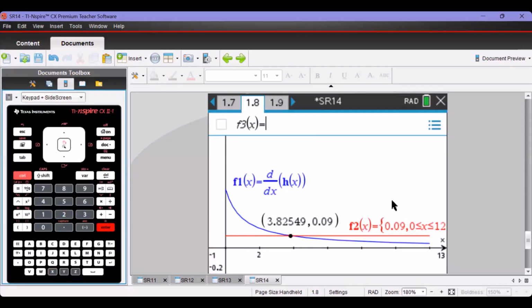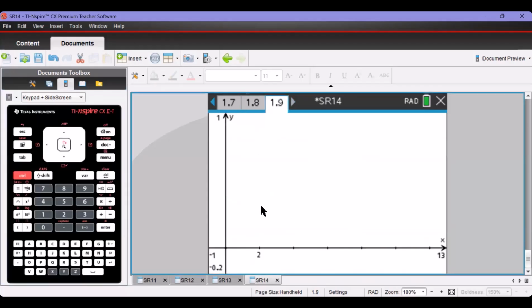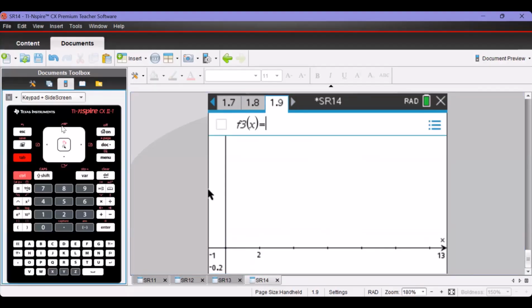And what you need to do then is to find the intersection point of those two graphs, the derivative function and also the horizontal line. So on a fresh page, I've managed to set the viewing window as such. If we press tab, what I can do is assume that they've been entered.